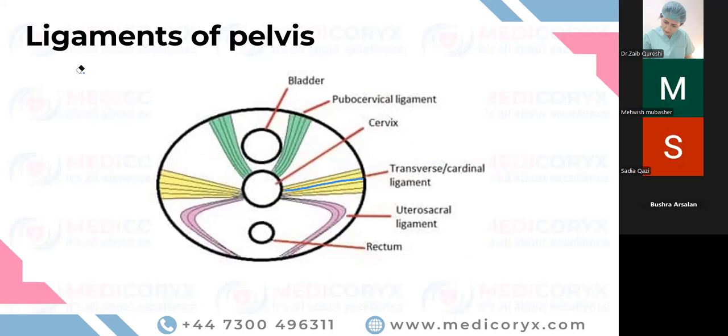You should know which ligament is serving what purpose. Exactly, uterus is a hanging organ and it is getting the support from the ligaments. It is not directly attached to any bone in the body. It is having the support from the ligaments only.